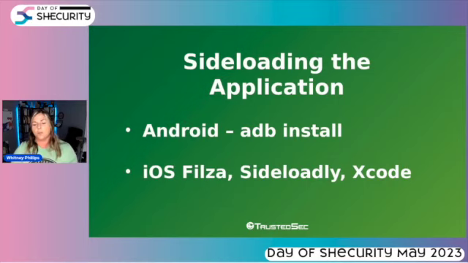The other option is using Xcode. Xcode is from Apple, and that is used to re-sign that IPA file. So hopefully you guys are all with me so far. I know it's a lot of information already.